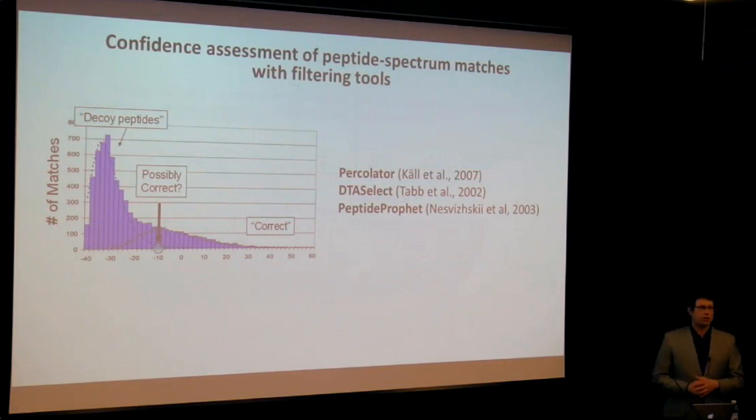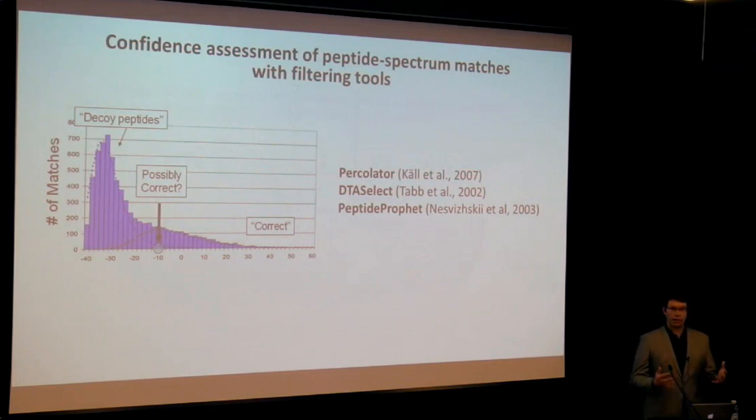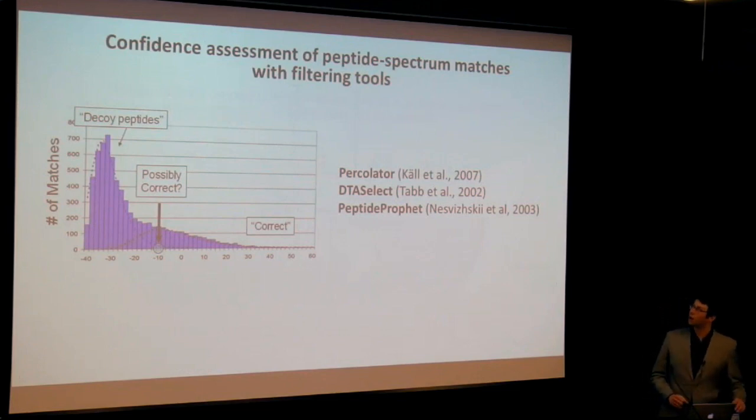That's a major issue because there's a lot of information out there that can be useful in determining whether a peptide or a protein identification is actually present in your sample. One of the reasons for that is probably the years at which these tools were published. Sharing proteomics data back then was not really a thing. There were no public repositories available, and there were very few data sets.